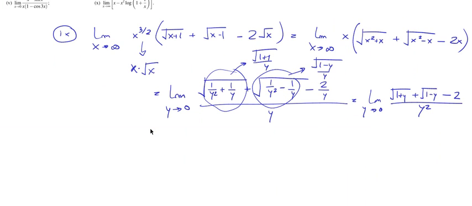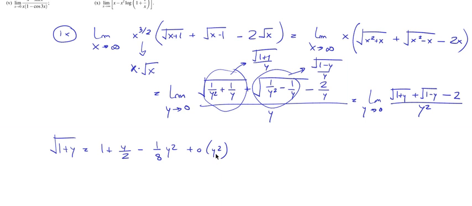Now, we have seen the approximations for the square root before. This was 1 plus y over 2 minus 1/8 of y squared, if I remember correctly, plus small o of y squared.